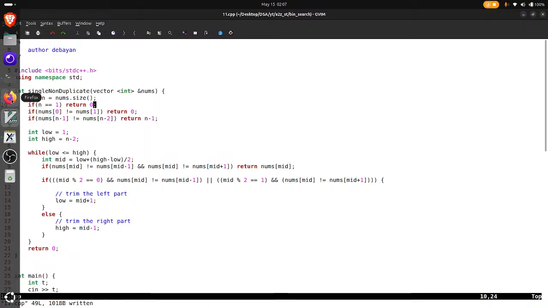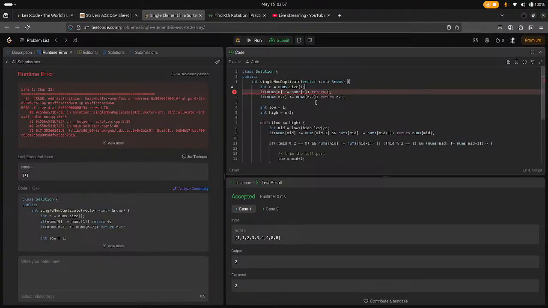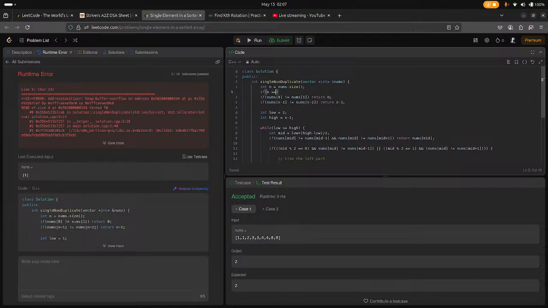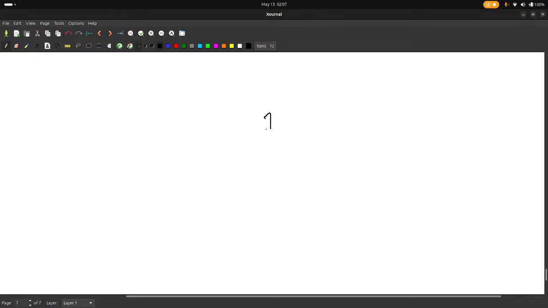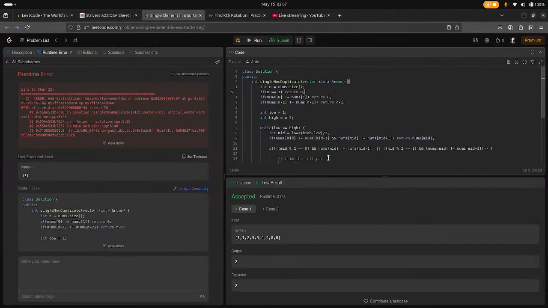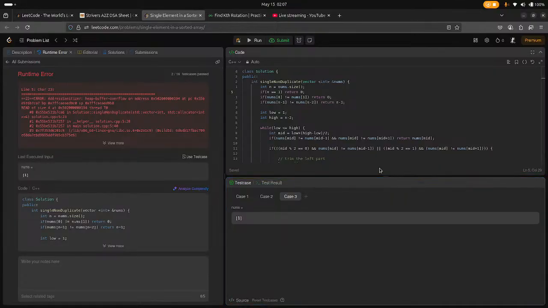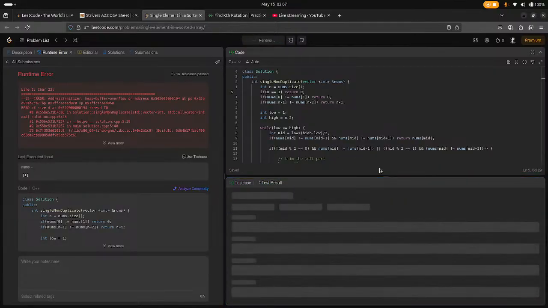So why does this actually happen? When I'm at 1, it is basically at the 0th index, so it will try to find what is the 1th index, but there is no 1th index. So for that case, it can give you buggy behavior.